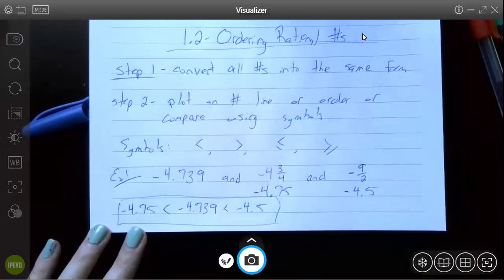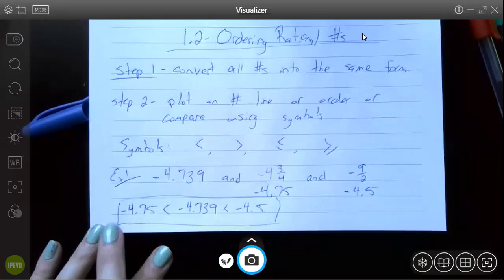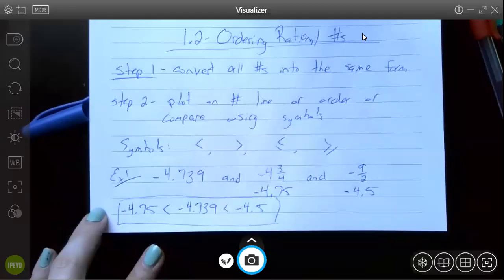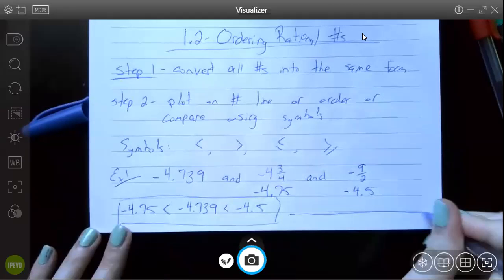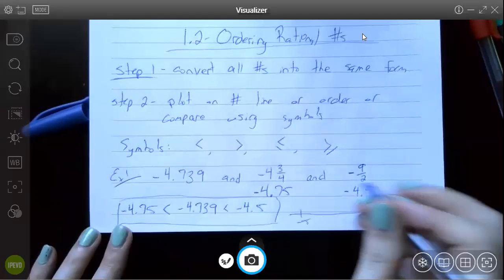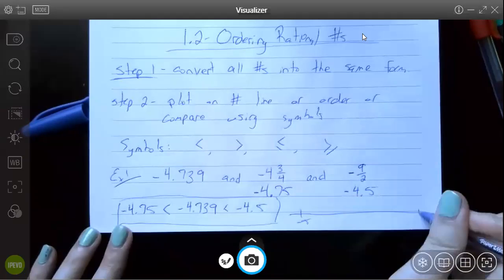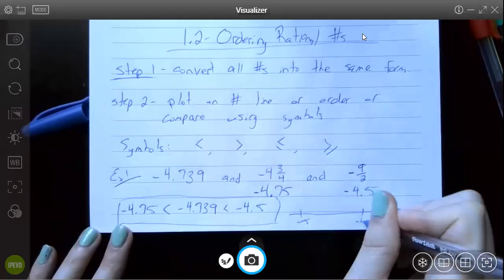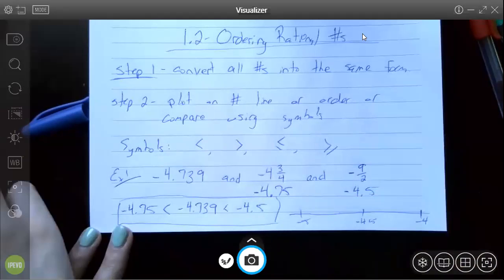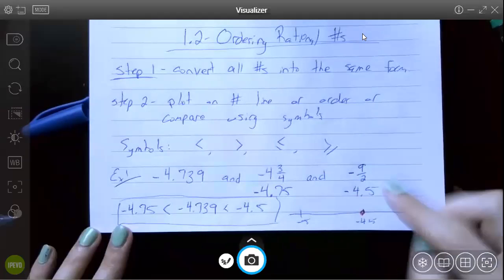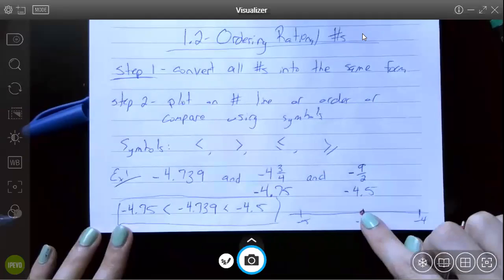And if you were to put these on a number line, they would all fall between, you would have -5 down here on this end. So it would look kind of like this. You'd have -5. And then you might up here have -4. This would be -4.5. So one of yours would be right on that. This first one would be right on -4.5.